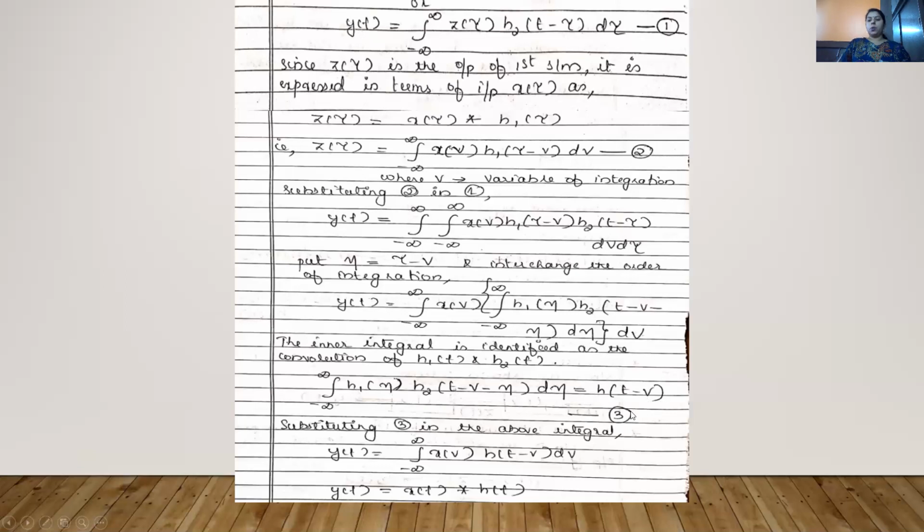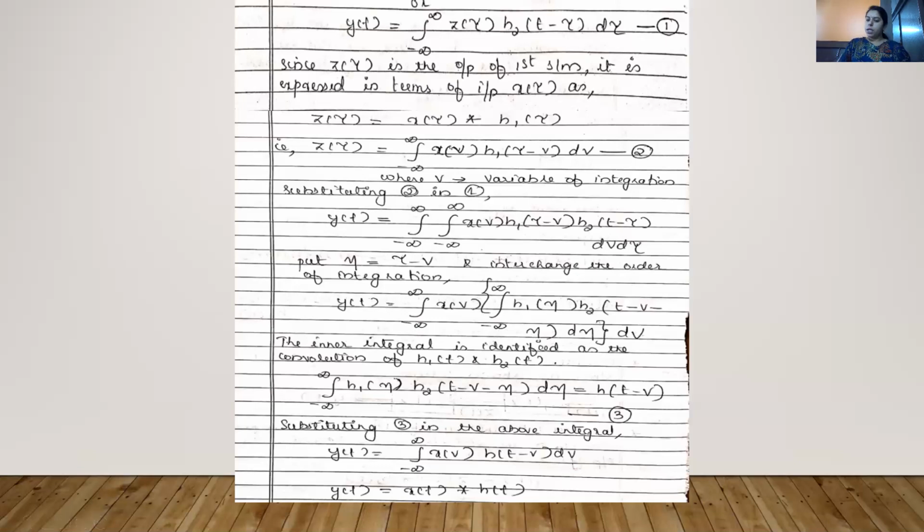Now I'm going to substitute this thing as h of t minus v in the previous equation. So this equation will become the integral from minus infinity to plus infinity, x of v, h of t minus v dv. Now you can see that this equation is also in the form of a convolution integral.